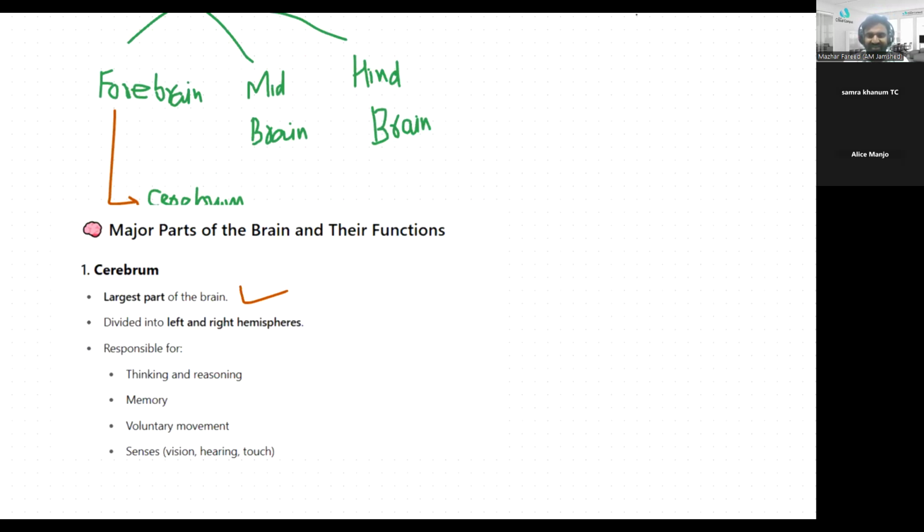The right hemisphere controls the left portion of the body, and the left hemisphere controls the right portion of the body. So it controls reciprocal parts of the body.